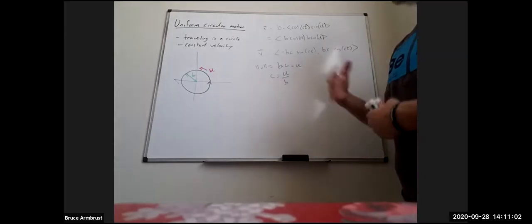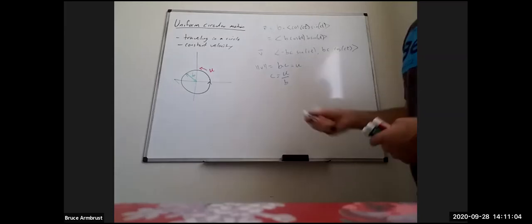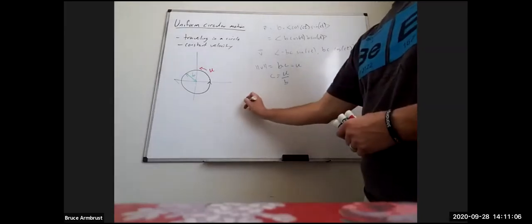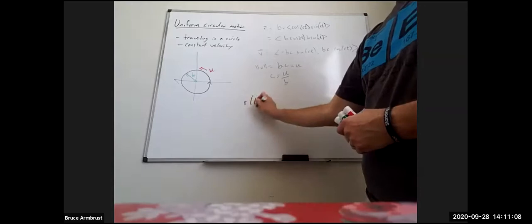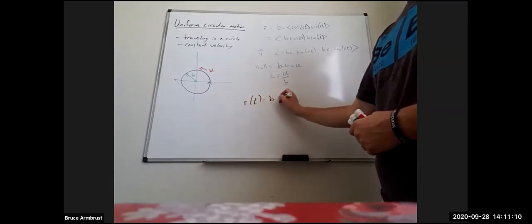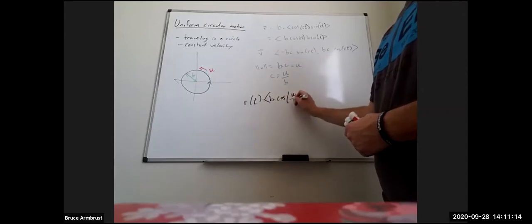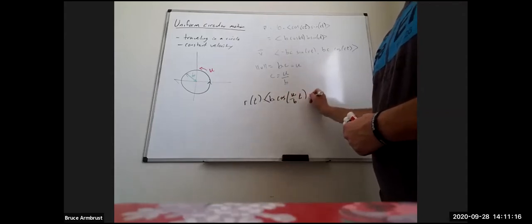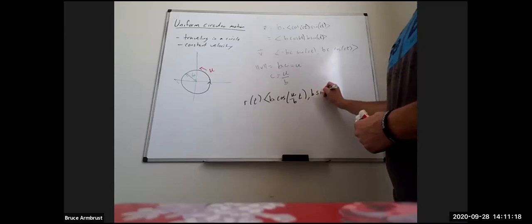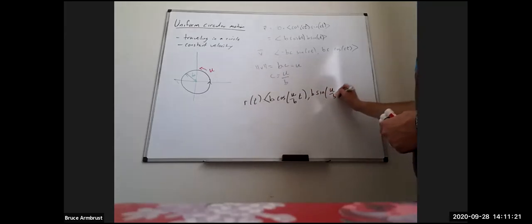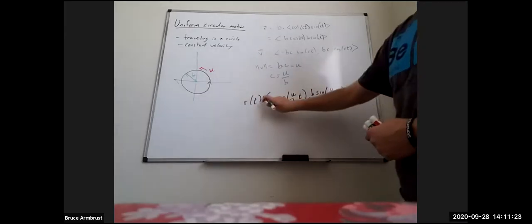So we're going to have a slight amendment now to r. This is what r really looks like in this case. R is going to be b cosine of u over b times t, and b times the sine of u over b times t.